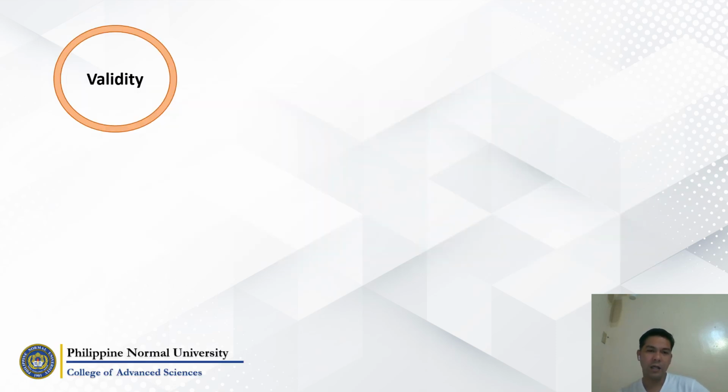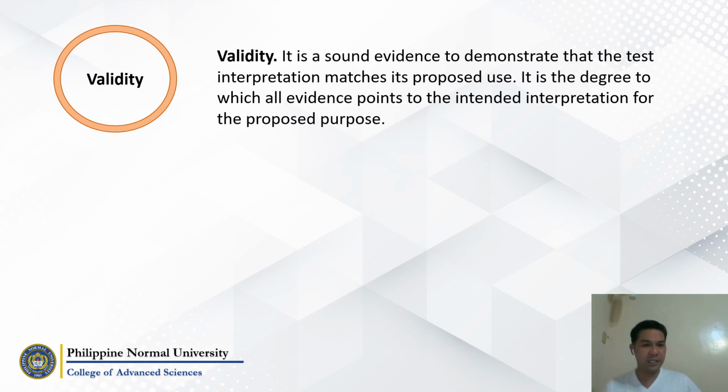Then, after conducting reliability, you can also have the validity test of your instrument. So validity is sound evidence to demonstrate that the test interpretation matches its proposed use. It is the degree to which all evidence points to the intended interpretation for the proposed purpose. So it measures what it intends to measure.